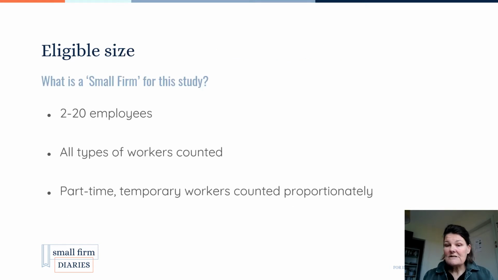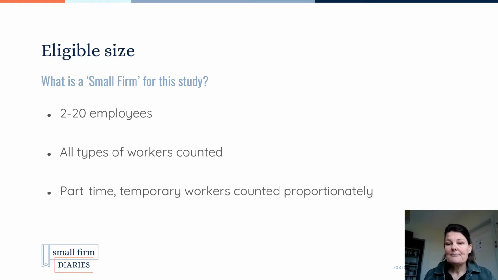Now, of course, the study is called Small Firm Diary, so small firms. What is small? For this study, we only define that in terms of how many employees there are. That is 2 to 20 employees, and they should be non-household employees.